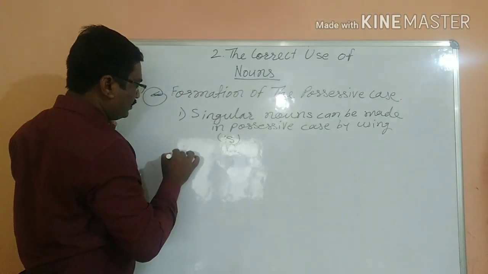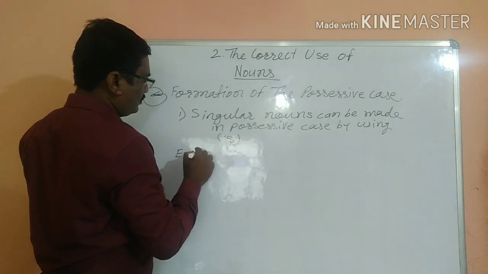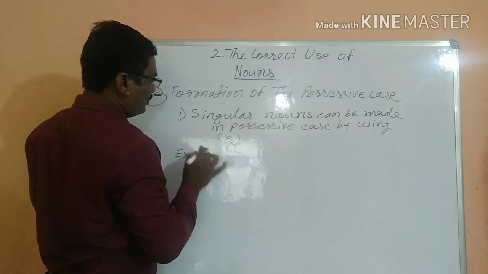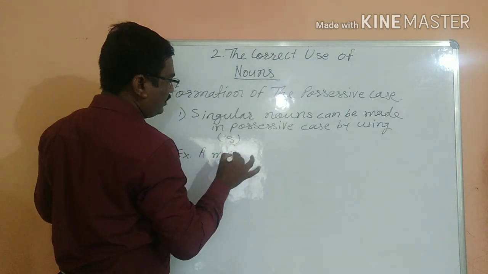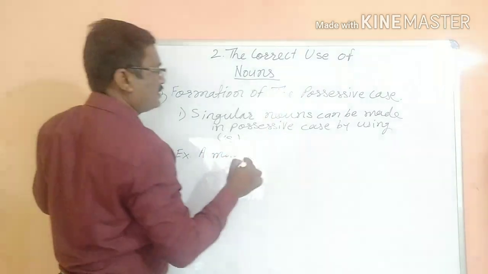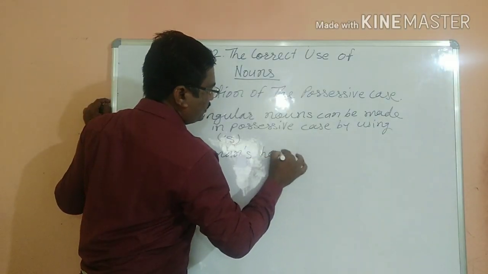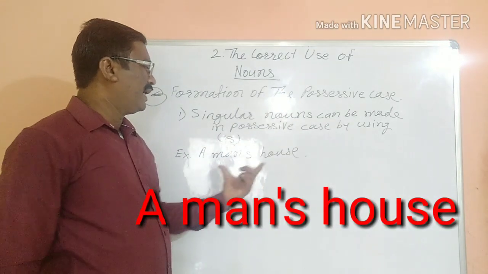For example, a man's shirt, or a man's house. A house belongs to a man, so we can say a man's house.